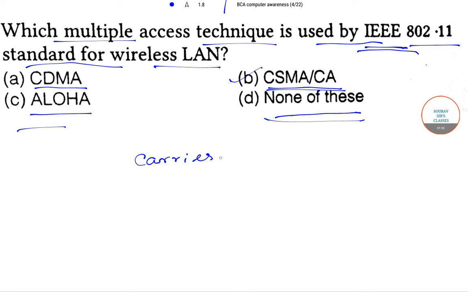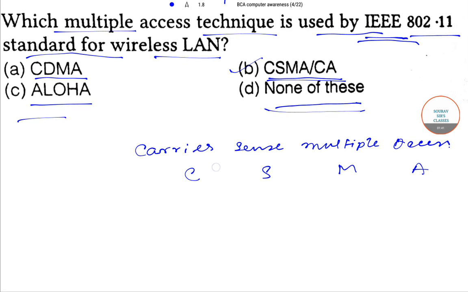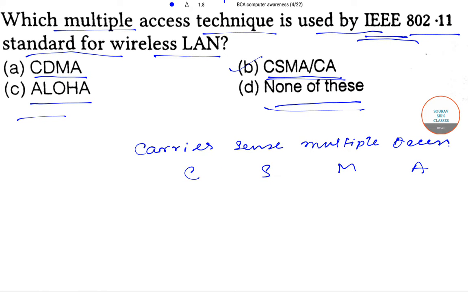multiple access. So this is CSMA, that is with collision avoidance, that is CA.